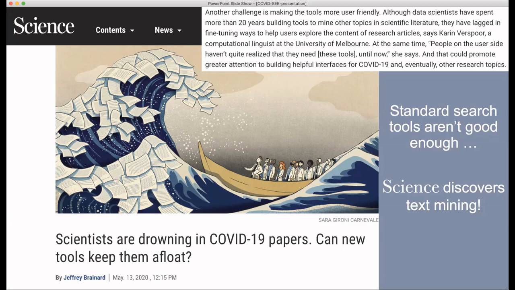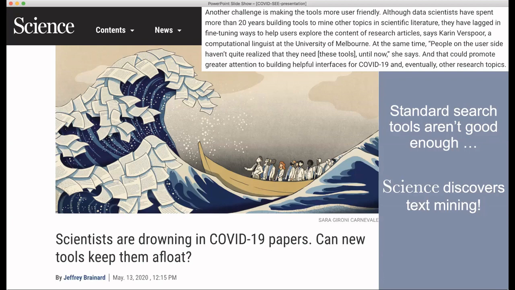And clearly they're not finding those tools good enough, or we wouldn't have this question being asked by Science. I just did think it was amusing that I really had to educate the journalists that actually we have been trying to work in this space for so long. And I think the fact that it's not common knowledge that there are tools that dig deeper into the content of text really reflects the state of the tools.